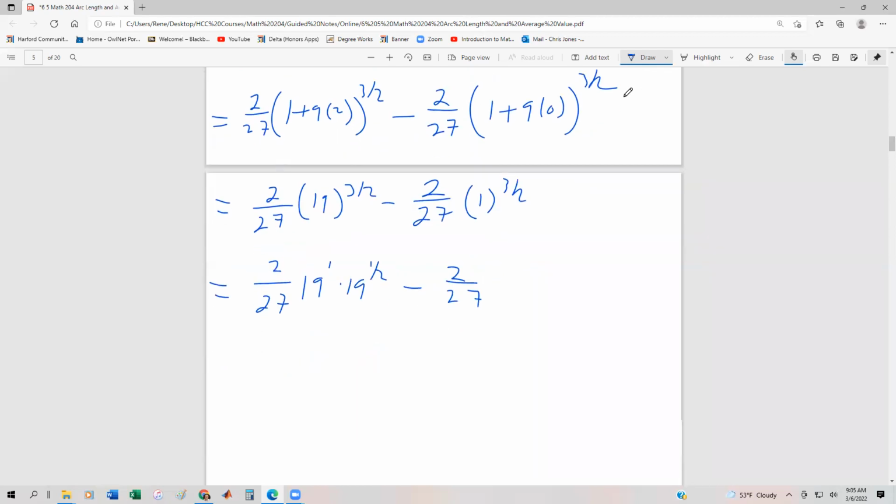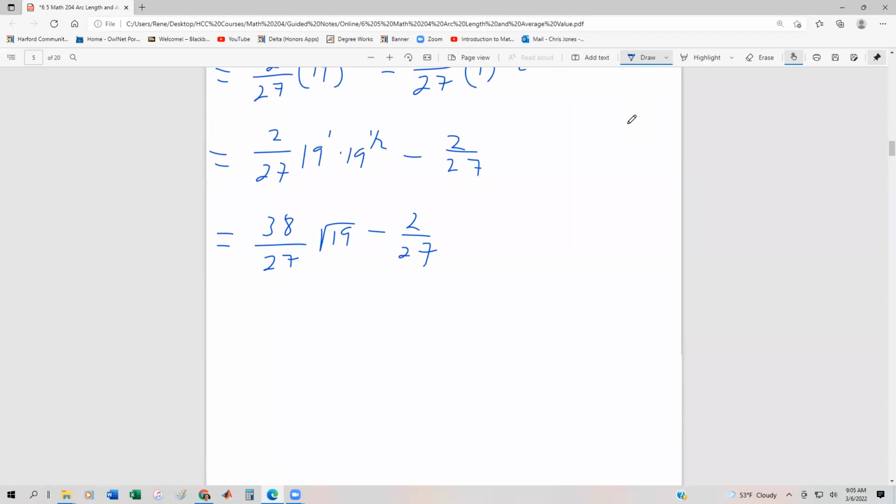We know 2 times 19 is going to be 38, so we get 38/27ths times 19 to the 1/2, the square root of 19, minus 2/27. And one final way to write this is to factor out 2/27ths from both terms, which turns into 2/27 times (19√19 minus 1).